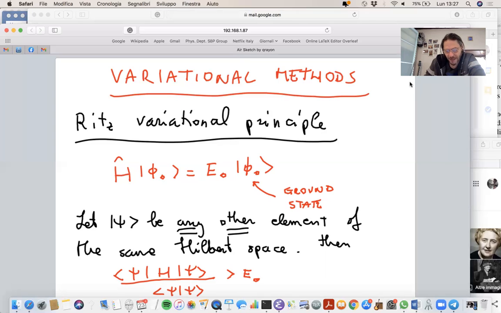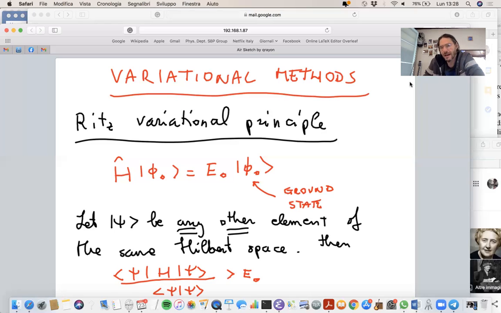So what am I saying? That if I compute the expectation value of the Hamiltonian on any state, any point of the Hilbert space, just any point that is not the ground state of the Hamiltonian, I will find an expectation value that is strictly larger than the ground state energy.